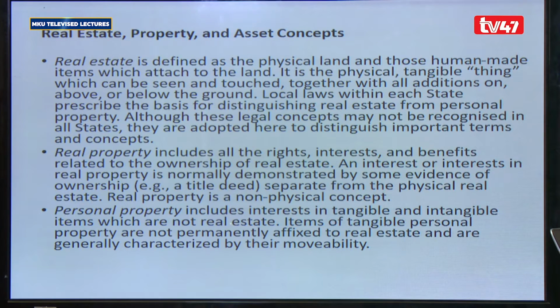So real estate is the physical land and the immovable attachments to that land. The physical is a tangible thing which can be seen and touched, together with all additions on, below, or above the ground. So real estate would comprise that physical and what is attached on, below it, or above it.